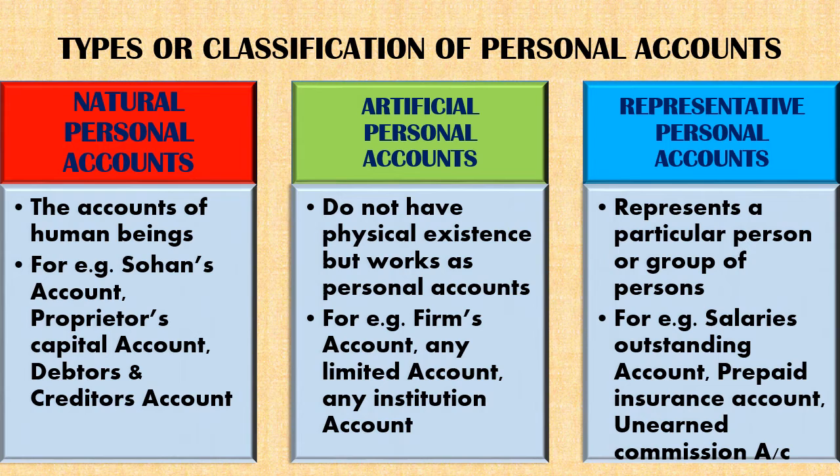An account is made to represent a certain group of persons who are supposed to receive some amount that they have not received, or who have already paid some amount in advance which they were supposed to pay on a particular date. All this will come under the representative personal accounts.